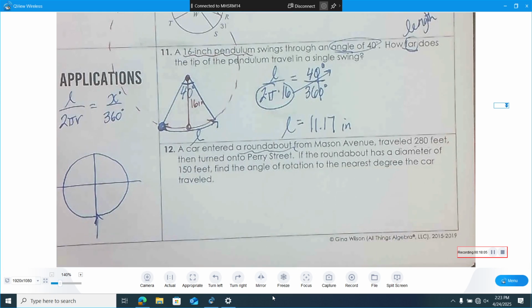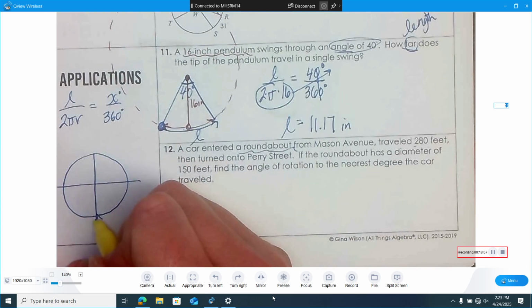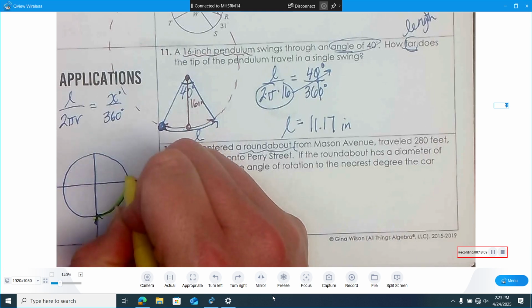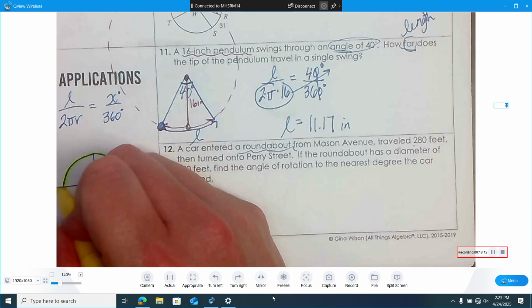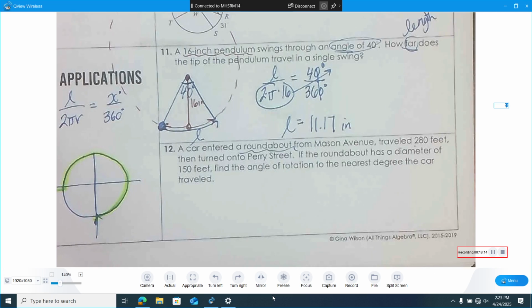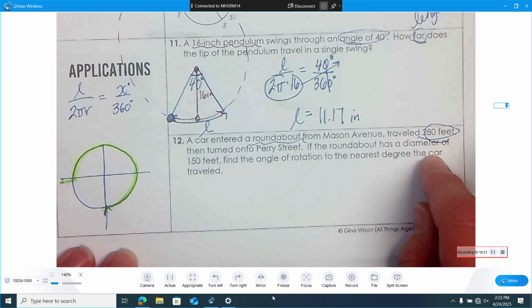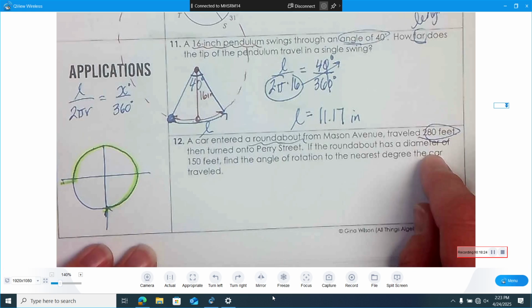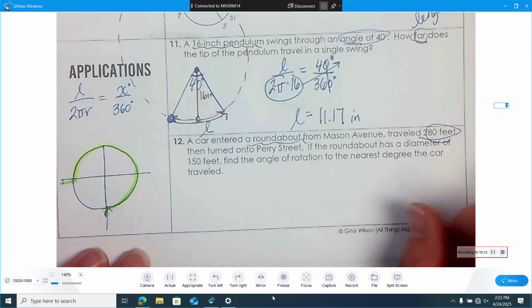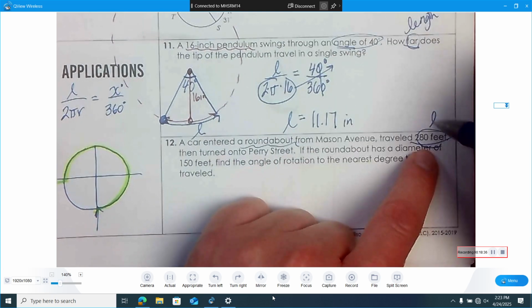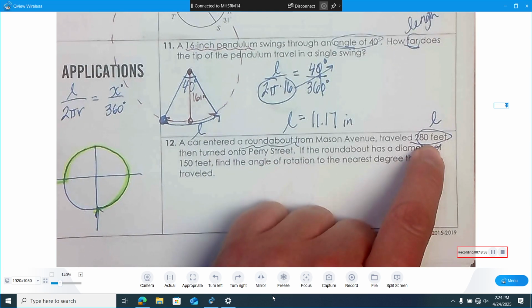So my car is entering here and then travels 280 feet and then gets off on Perry Street where it needs to go. What information are they giving me when they tell me that I'm traveling 280 feet? The diameter, all the way, or what did you say, Presley? Oh, it's the arc. It's the length of the arc, yeah.